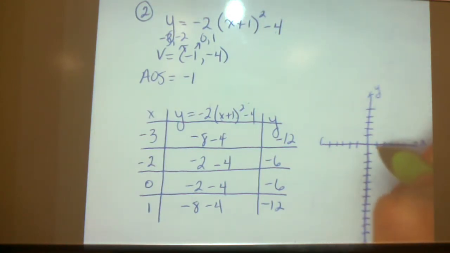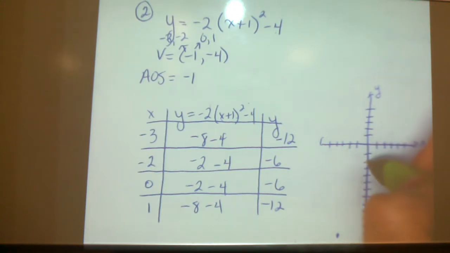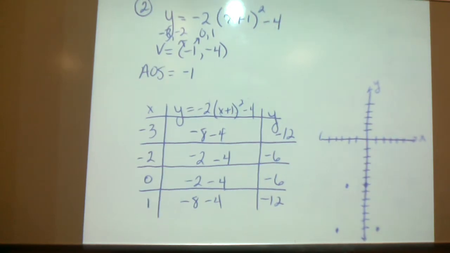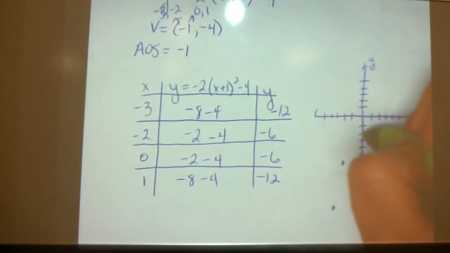All right, so I've got negative 3, negative 12. I've got negative 2, negative 6. I've got 0, negative 6, and I've got 1, negative 12. Now I'm missing a point, which is my vertex, negative 1, negative 4.